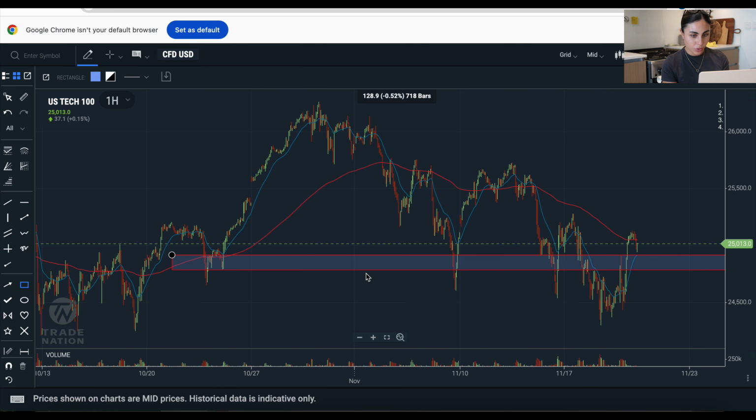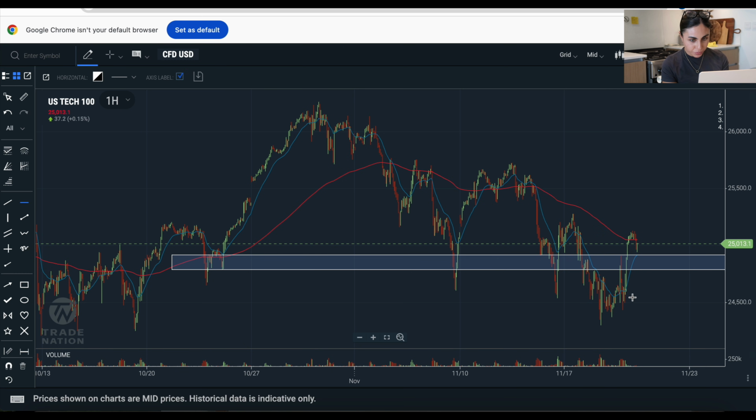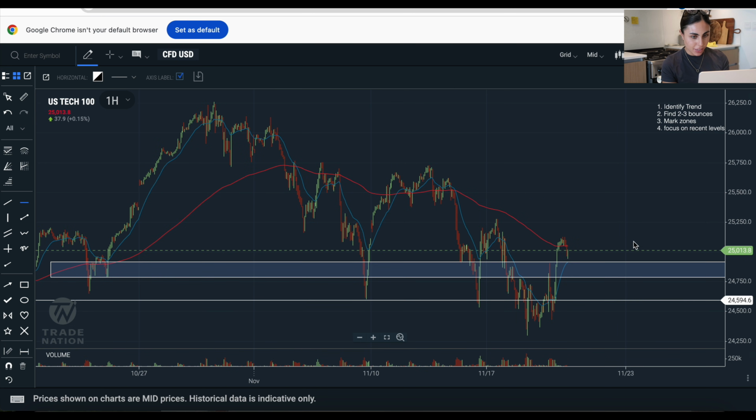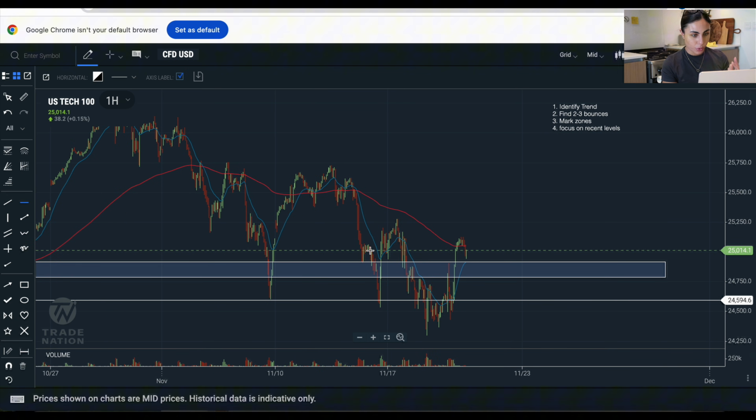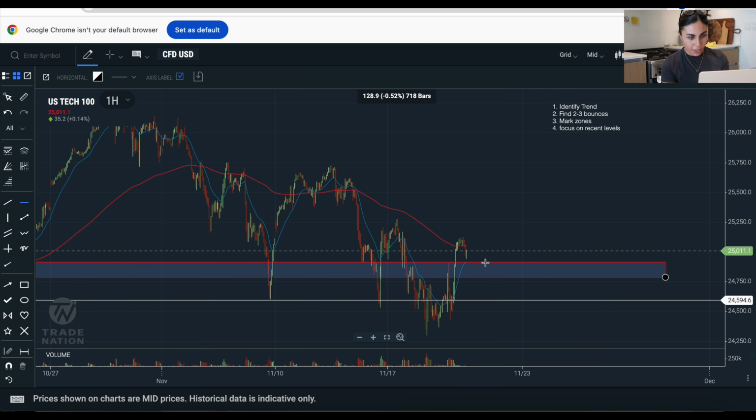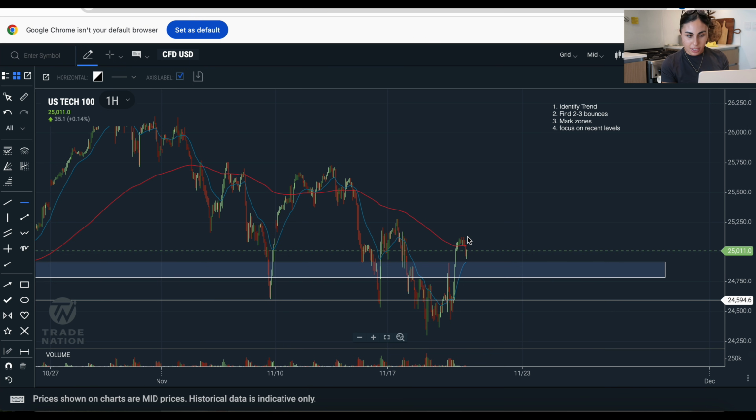Our second support level will be over here. I'm just going to draw a line just for now. If it does end up breaking, we can just fix it. Okay. So that is our support level for now. We can actually draw our resistance level. So let's say we bought over here. We could say our resistance level is over here.